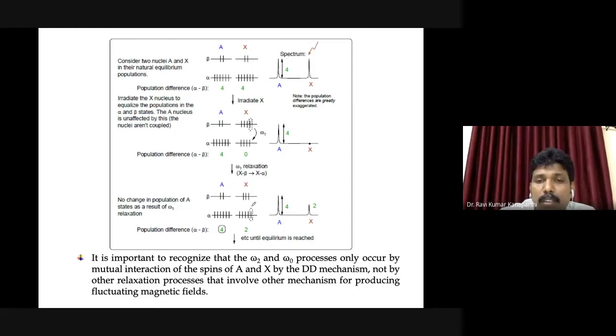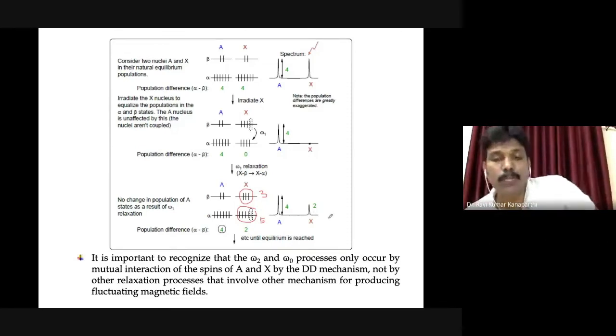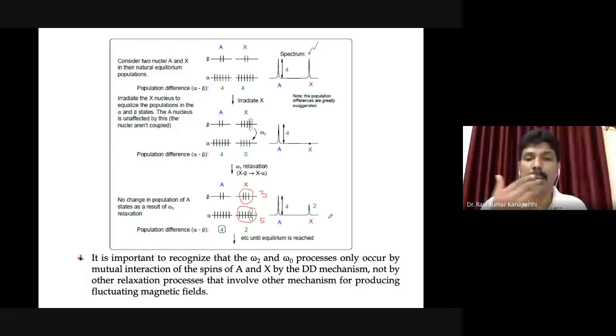Okay. Now what you see here is that there will be 5 in the ground alpha state of X, but here it's only 3. So now it is 5, and this is 3. Therefore, the difference is 2, and then there is an enhancement in the signal. You can continue this discussion.